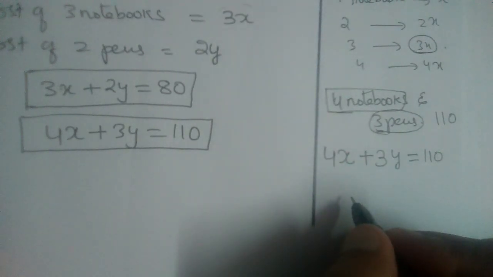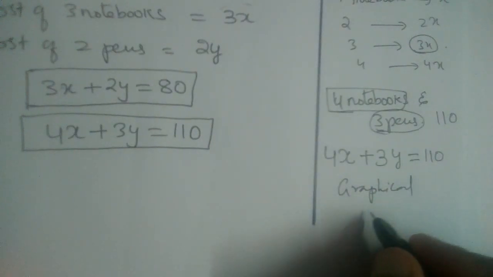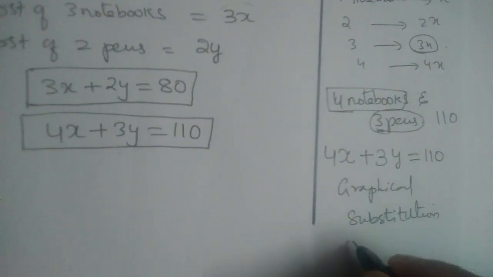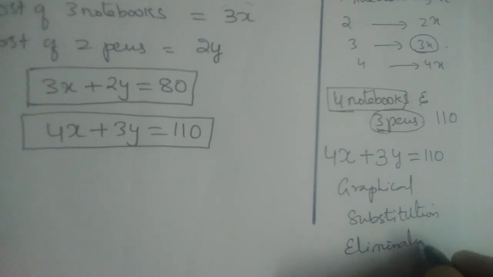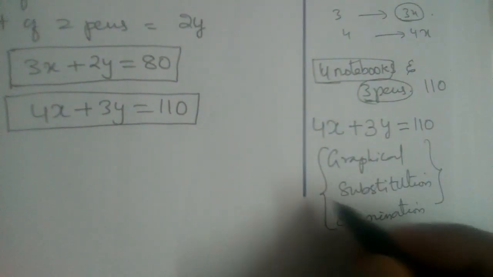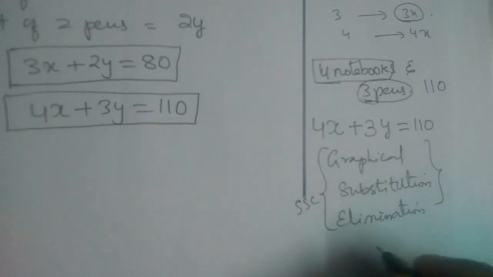But if you are an SSC student, you have graphical method, substitution method, elimination method, right? These three methods are in SSC. Okay, if you are a CBSE student, you have one more method, which is cross multiplication method.